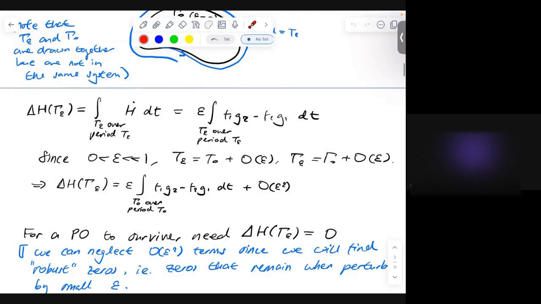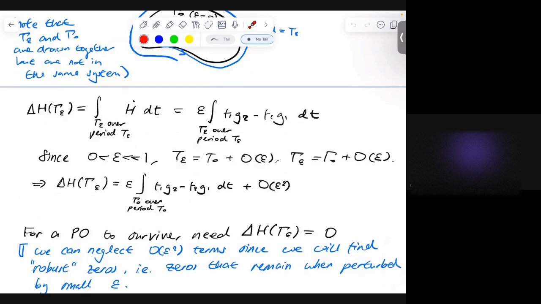So the way we would estimate the change in the energy would be, well, again, it follows a very similar path. We're going to say that the change in energy over the perturbed trajectory is the integral over one period over this trajectory of the change in energy, which then we can rewrite using the previous expression that we found, which is epsilon times f1 g2 minus f2 g1.